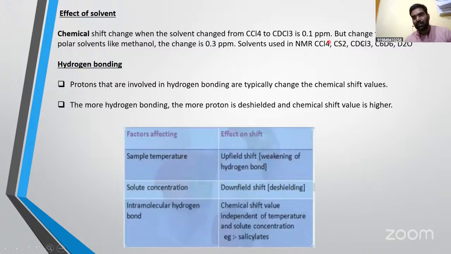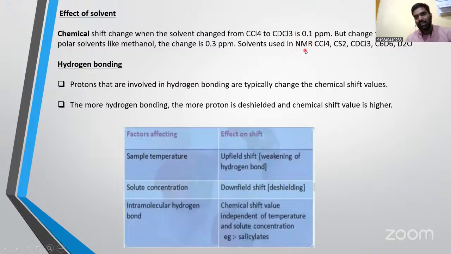But if it changes to more polar solvents like methanol, the change will be around 0.3 ppm.